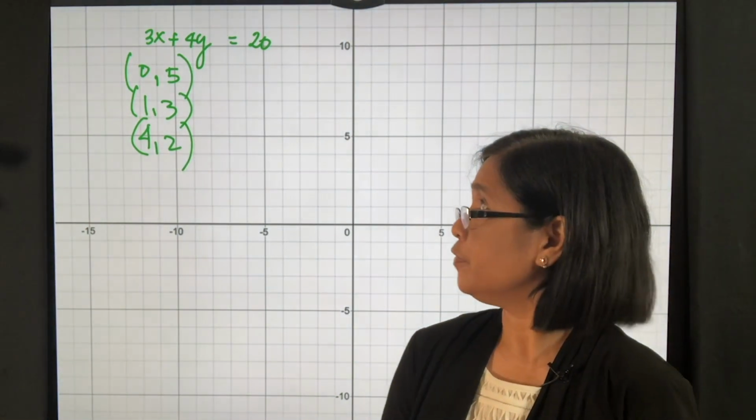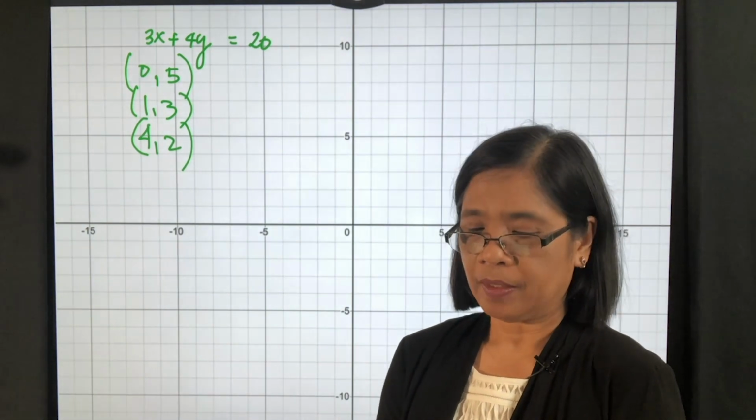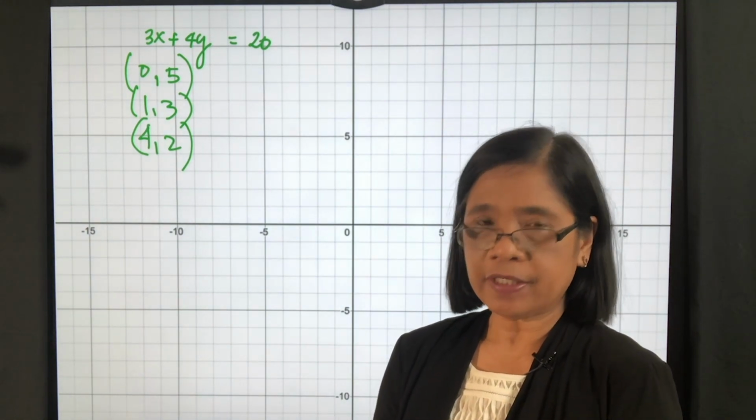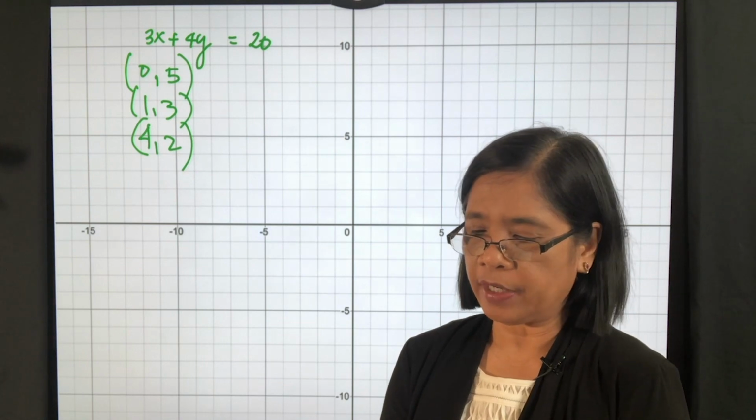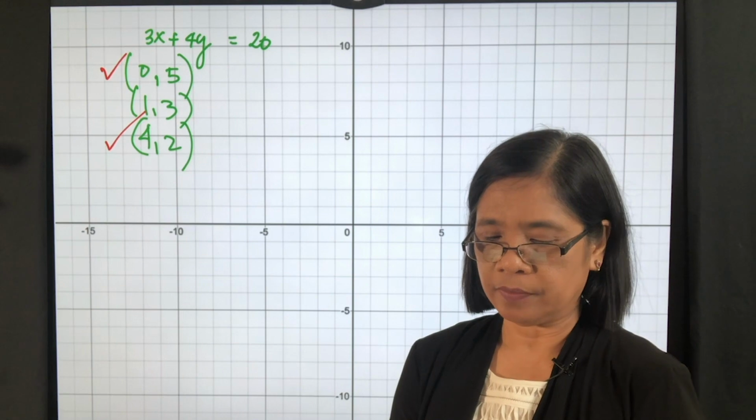So in our first example, we found out that (0, 5) and (4, 2) are solutions to the equation.